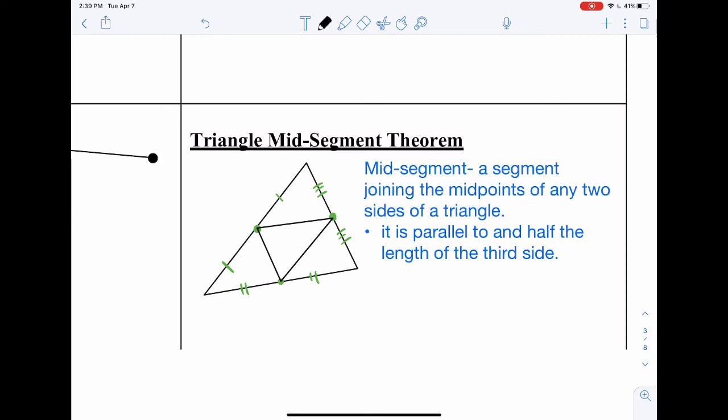And let's label these. We'll call this A, B, C, D, E, F. So we'll take one of these as an example. DE is a mid-segment.